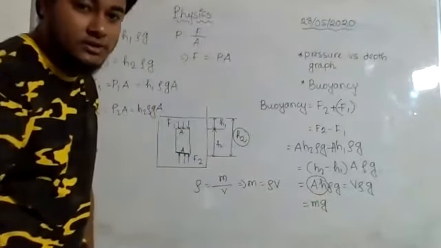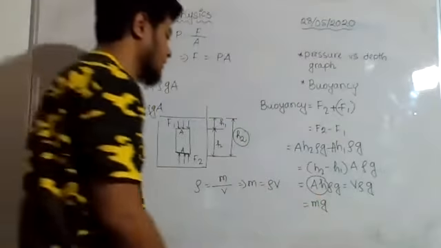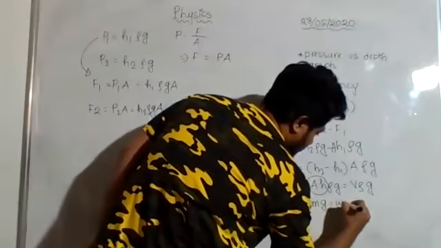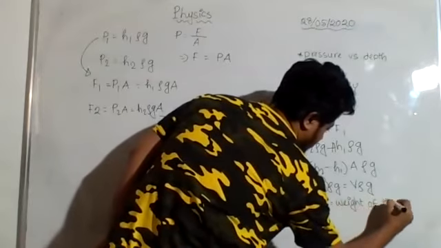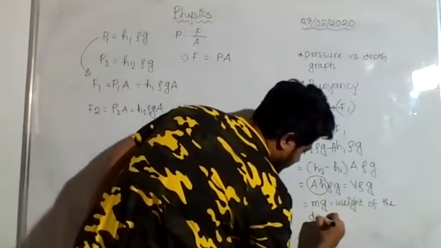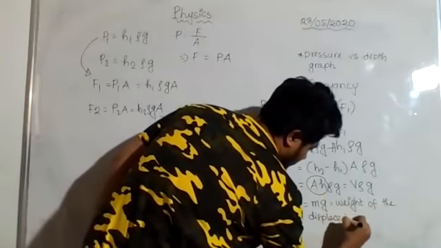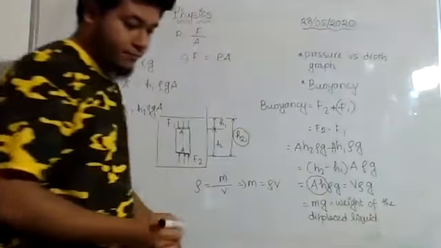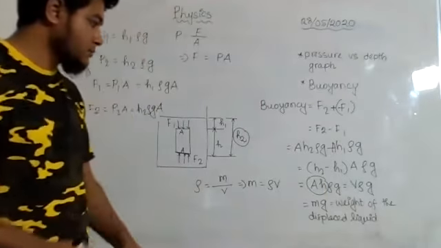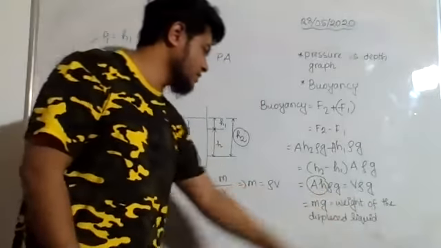Now mg is what? Mg is equal to weight, so equal to the weight of the displaced liquid. Okay. So mg is weight of the displaced liquid.